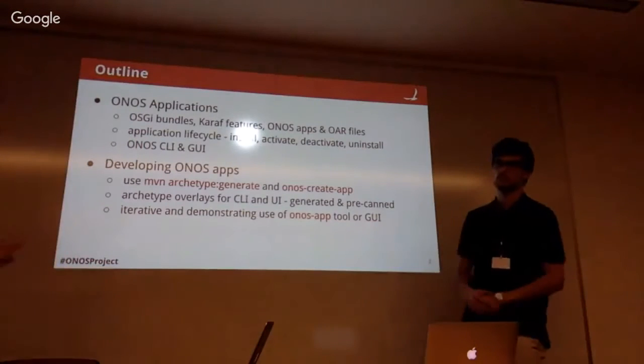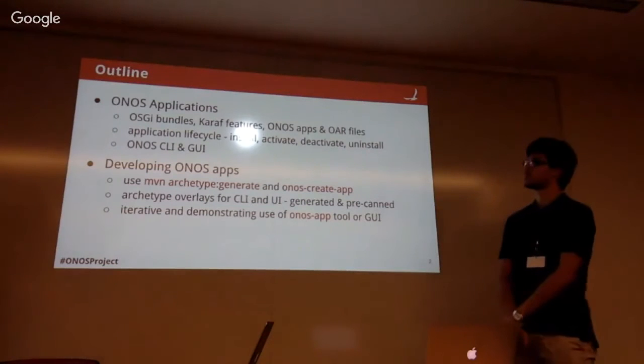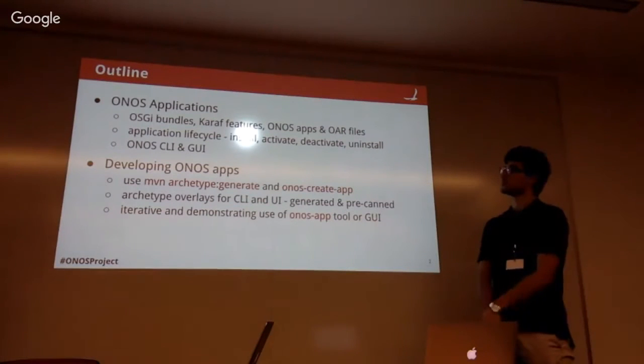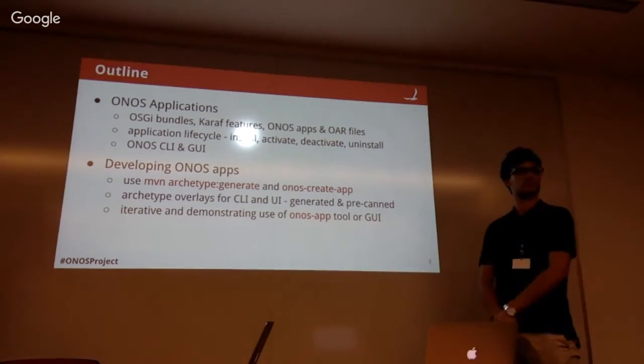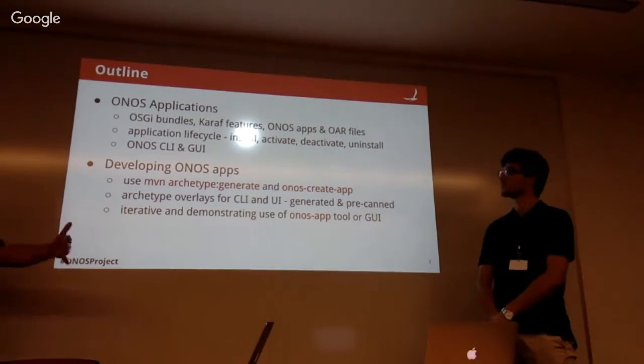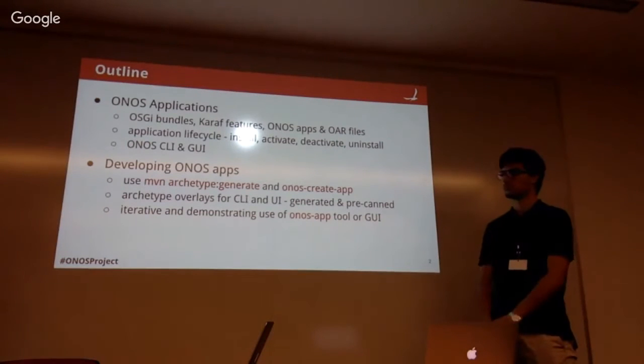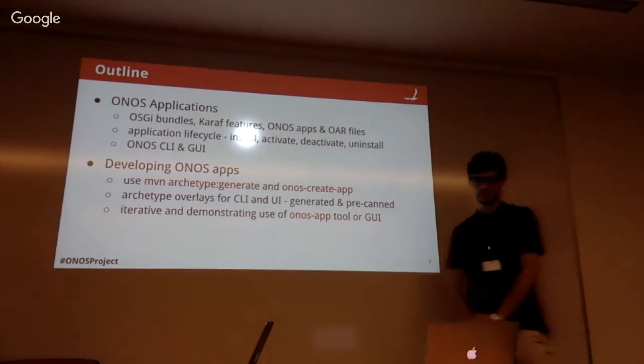ONOS applications are built on OSGi. They incorporate not only OSGi itself, but also some of the Karaf container-specific features, specifically the feature functionality, which allows one to deploy a collection of bundles together as a single feature.